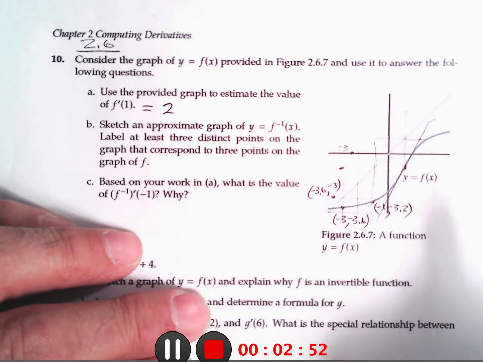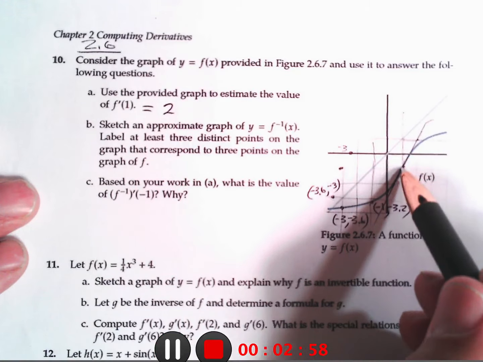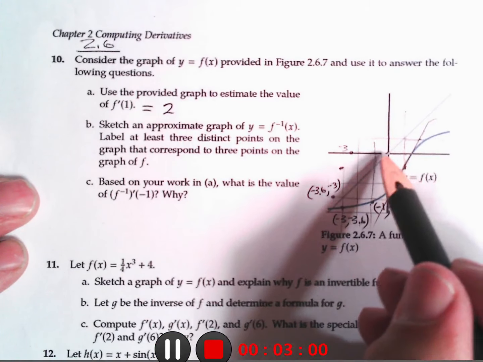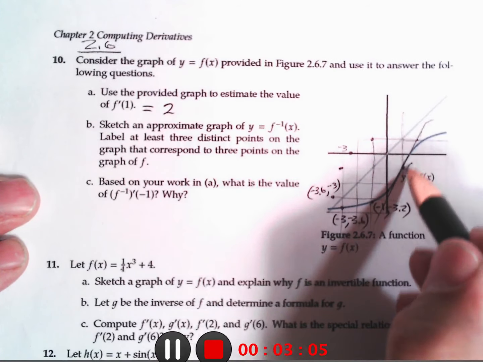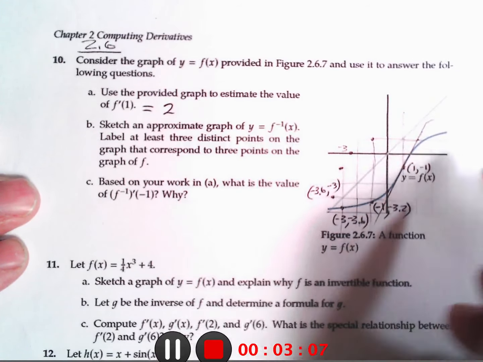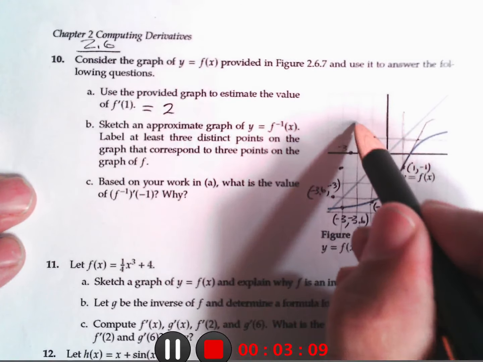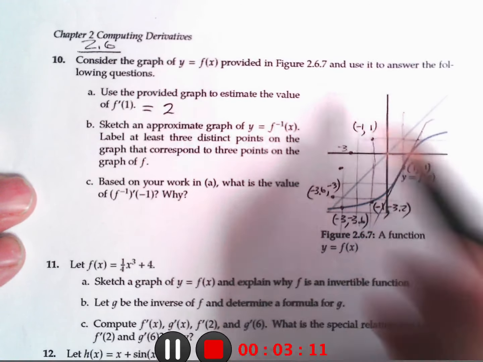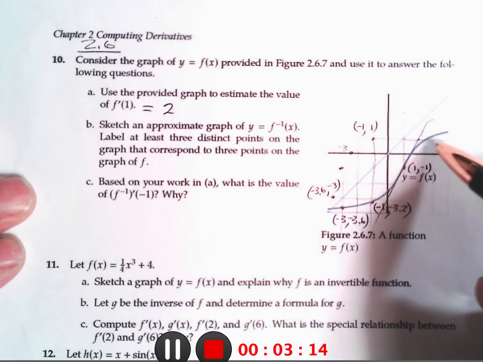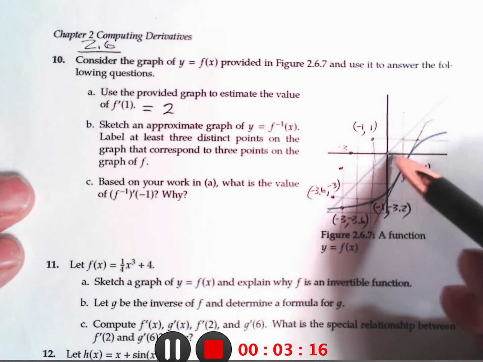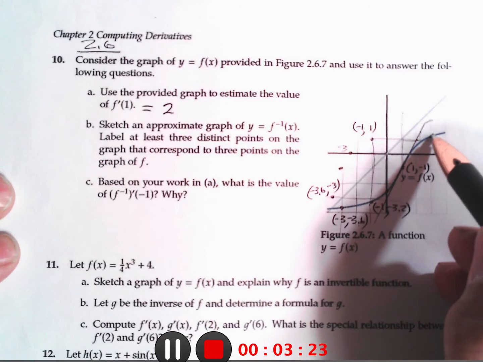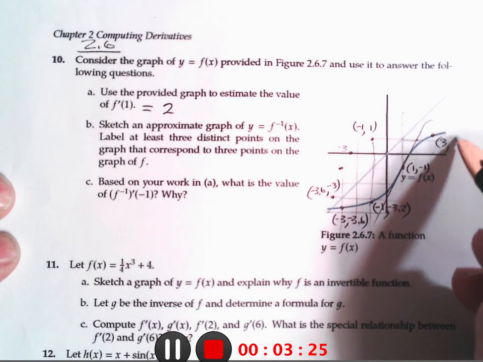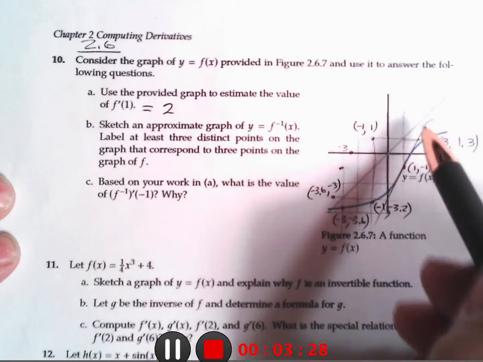This one looks like 1, minus 1, so the inverse would be minus 1, 1. Here is 3, 1.3, so its inverse would be 1.3, 3.